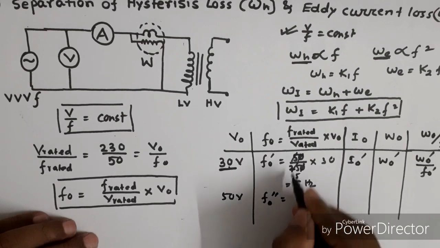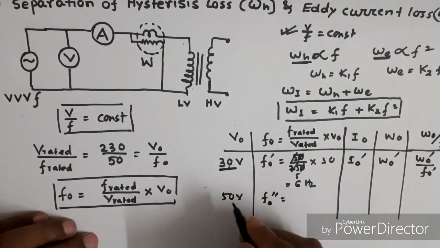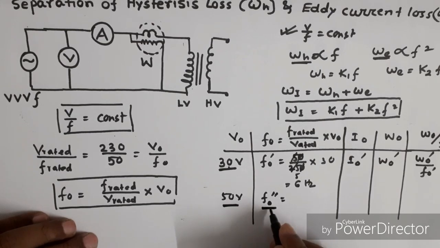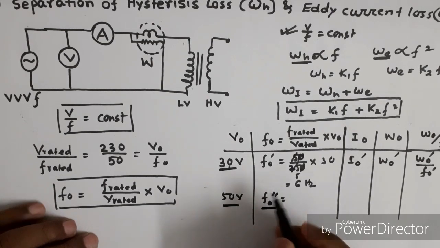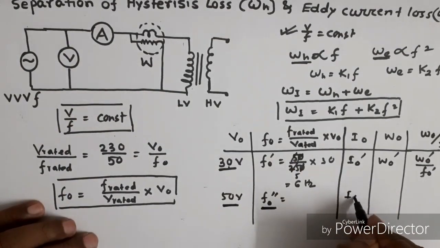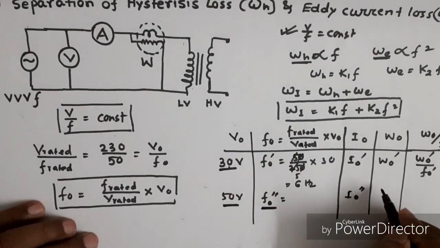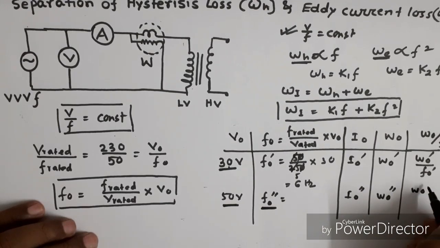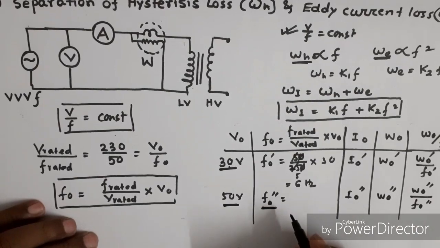For this voltage of 50 volt and this frequency of F0 double dash, we note down the ammeter reading I0 double dash and wattmeter reading W0 double dash. Then I calculate W0 double dash divided by F0 double dash.